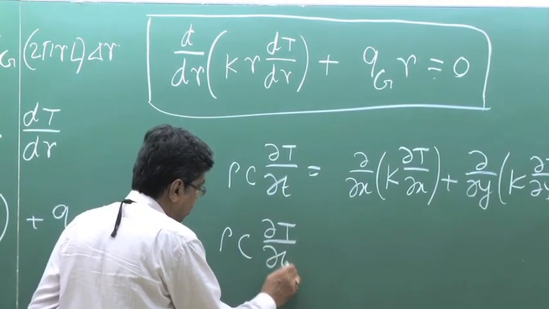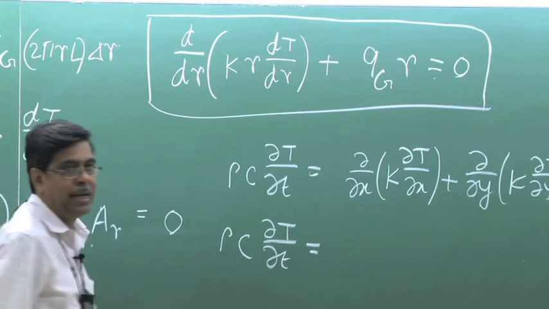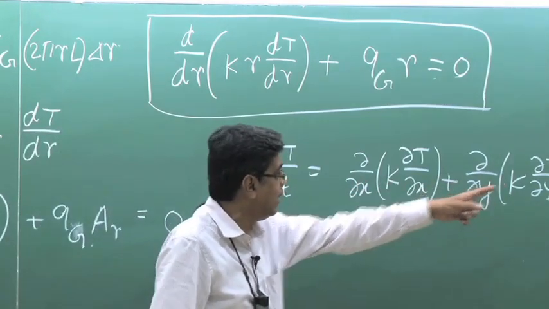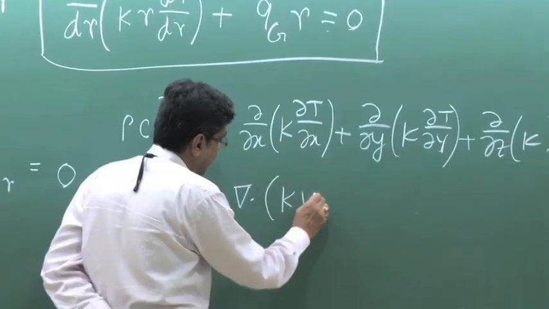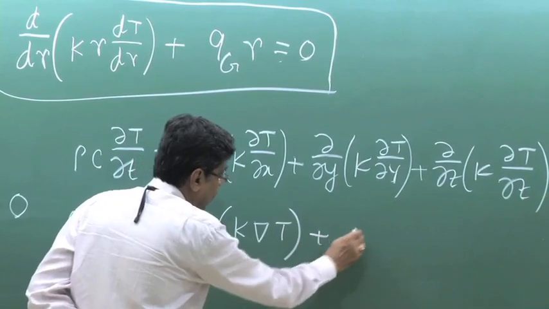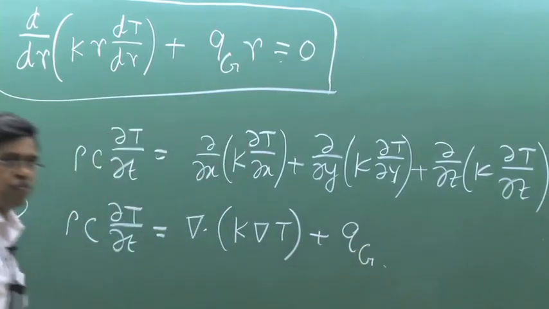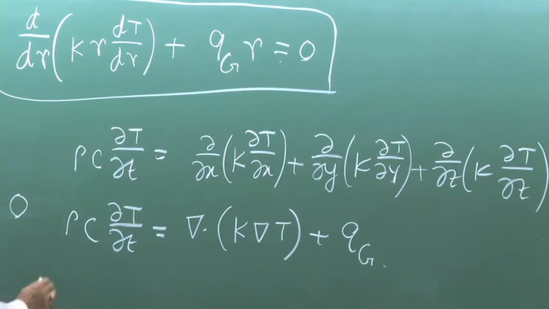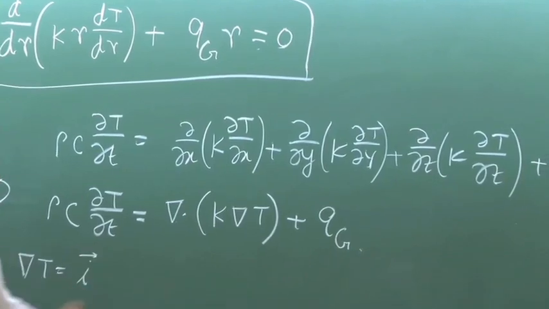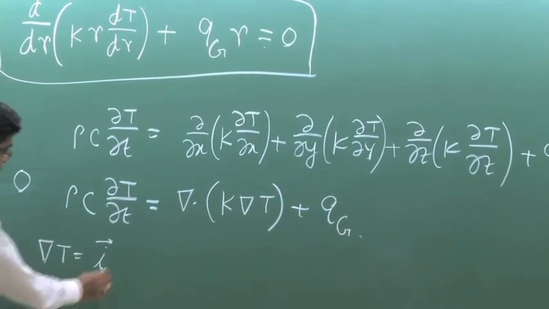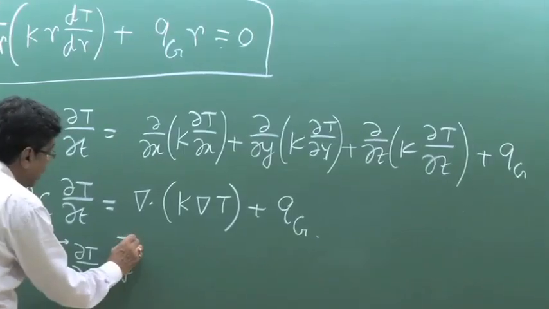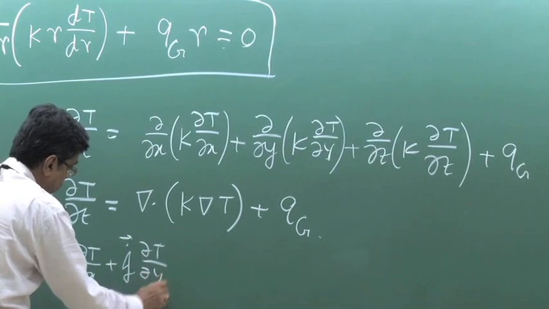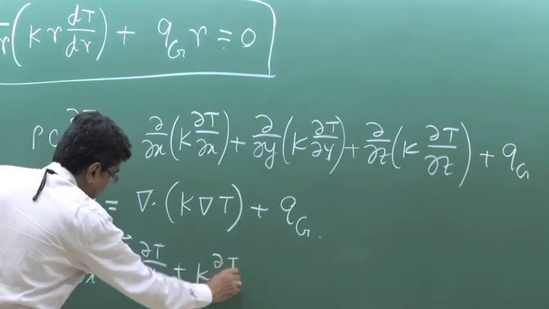You write this in general vector form. Rho c del T del t is equal to, what is this? del/del x of k del T/del x, k del T/del y. This is divergence of k grad T plus qg. And you know, in Cartesian coordinate system, grad T is what? i, j, k being the unit vector along x, y and z direction: i del T/del x plus j del T/del y plus k del T/del z.